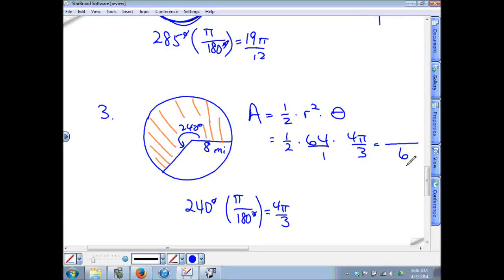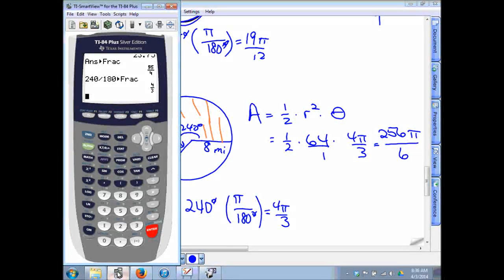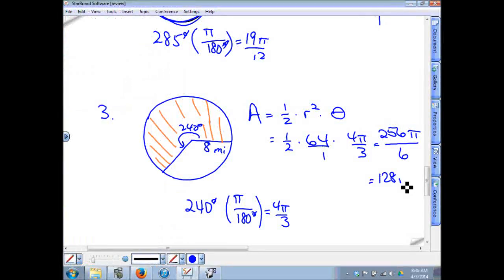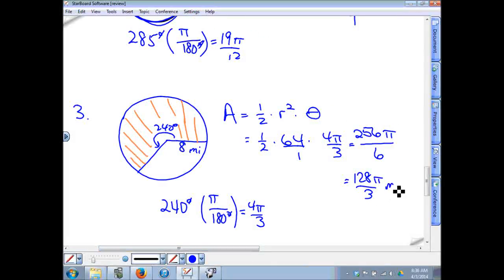In the numerator, 64 times 4 is what, 256? So that's 256 pi. And you simplify that fraction. 256 divided by 6 is 128 thirds. So it's 128 pi over 3 square miles.